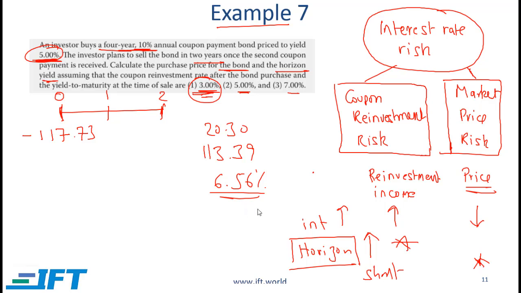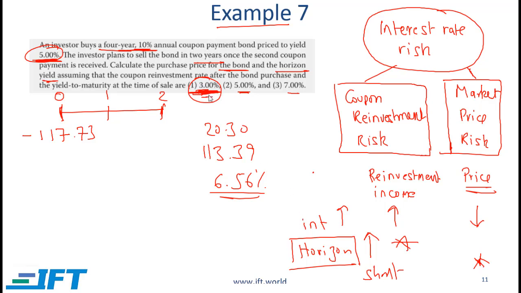And this should make sense because our horizon is short. Therefore, the decrease in interest rate is actually benefiting us. This is essentially what I talked about here, but in my discussion, I talked about an increase in interest rate. Here we have a decrease in interest rate.